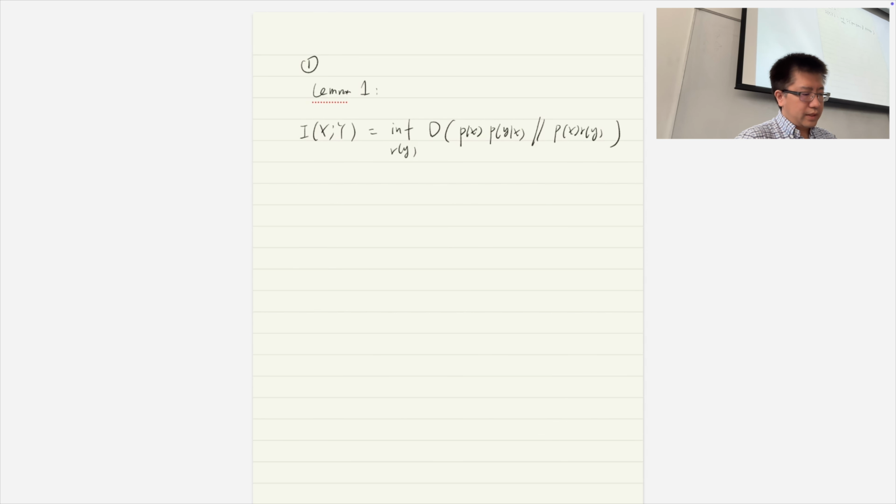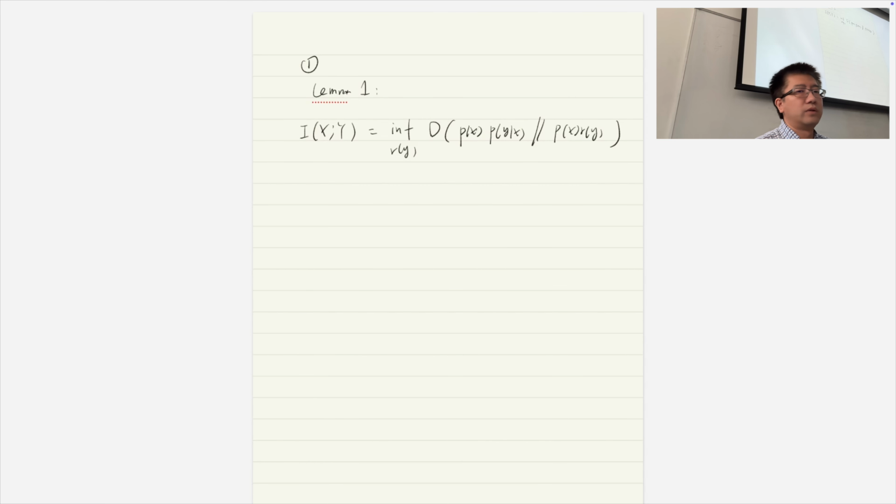This tells you that for some distribution R_y, if we minimize the relative entropy, then you get the mutual information. Clearly, if R_y equals P_y, then it will be the mutual information.